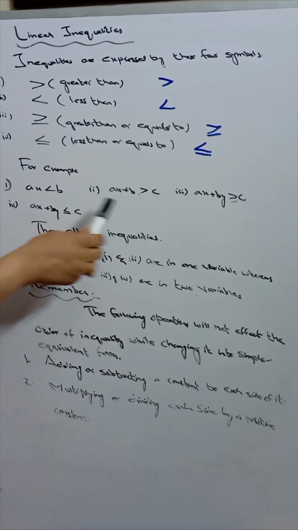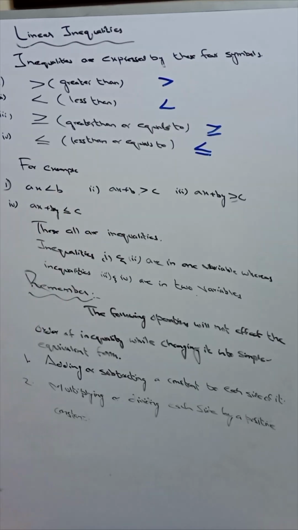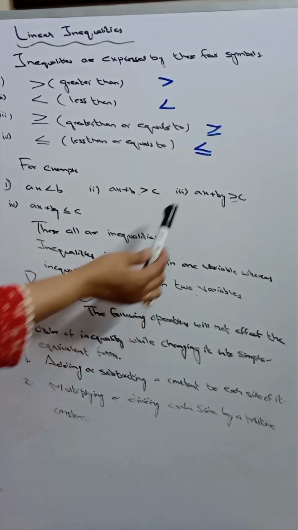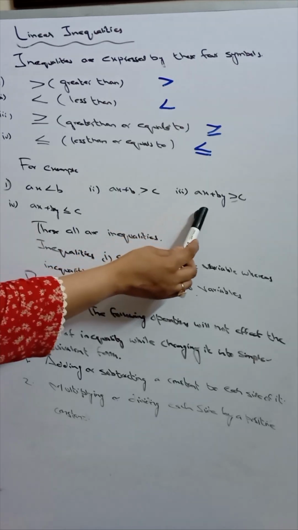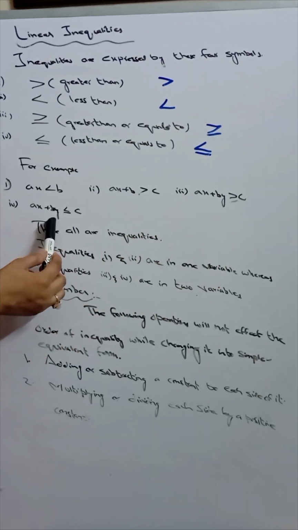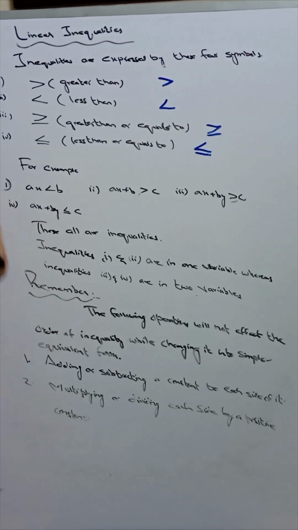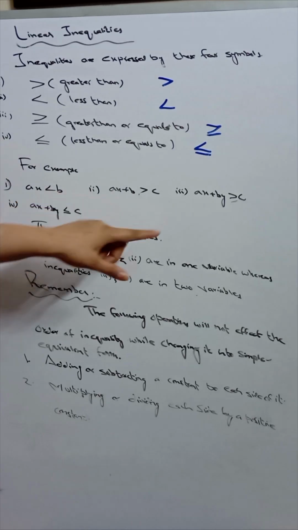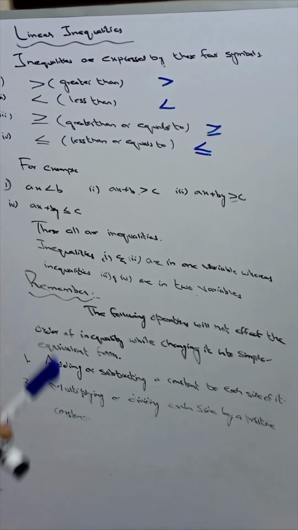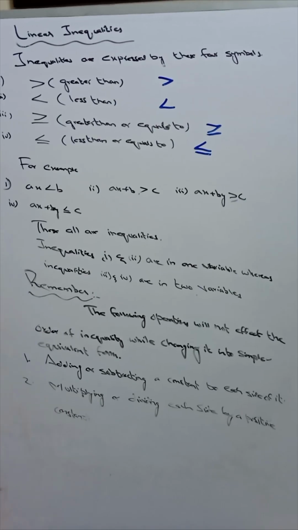Otherwise b and c are all constants. Whereas inequalities 3 and 4, ax plus by greater than or equal to c and ax plus by less than or equal to c, are inequalities in two variables, that is x and y. So what we have learned is that inequalities may be of one variable or of two variables.